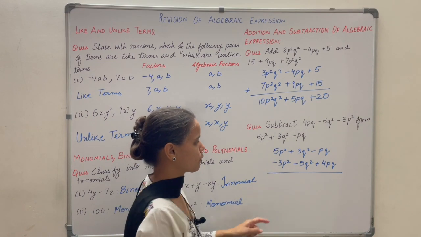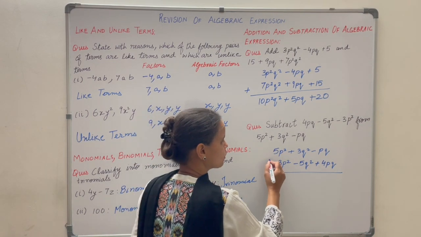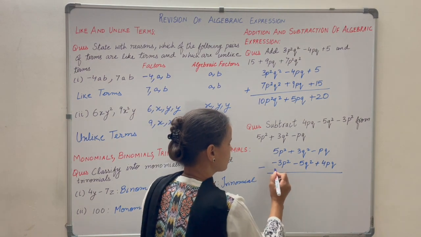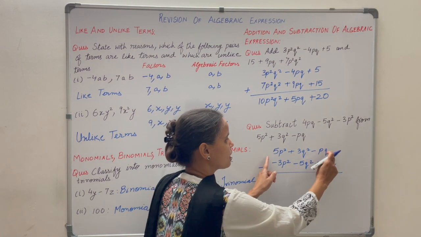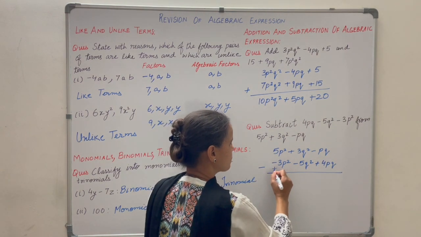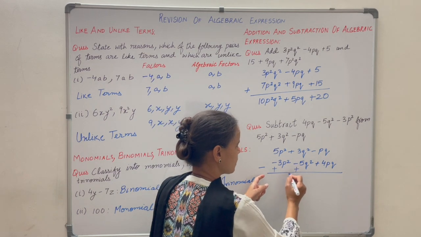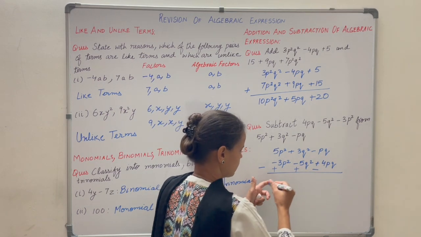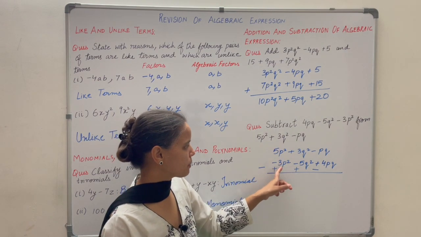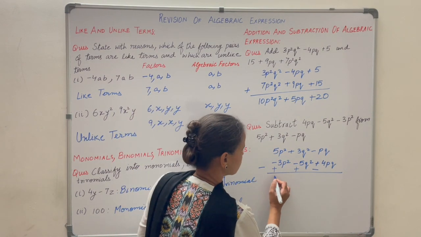Now you have to subtract this from this. Subtract means you have to put a minus sign here. So the minus sign applies to all the terms. So minus into minus is plus, minus into minus is plus, minus into plus is minus. Now you have to just add the coefficients. So 5 plus 3 is 8.